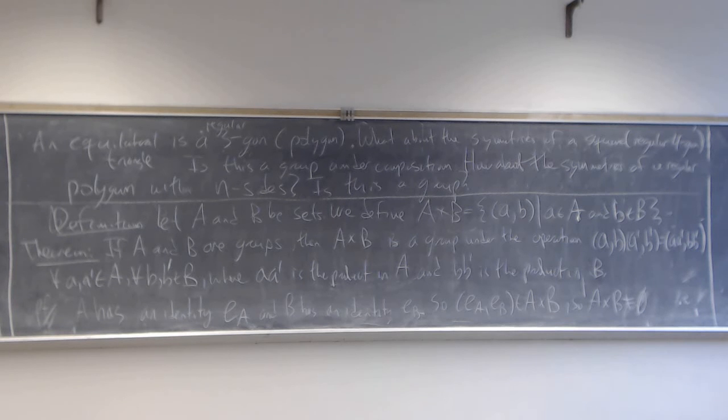You didn't have to use the identity: as groups, A and B are not empty, so there's an element a in A and an element b in B because they're not empty. Therefore (a, b) would also be an element. It just shows something is in A and something is in B.